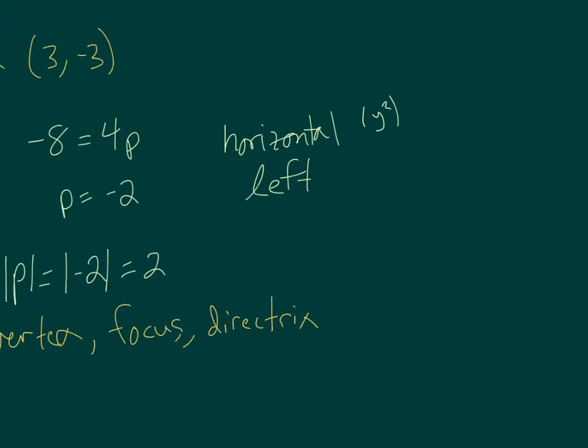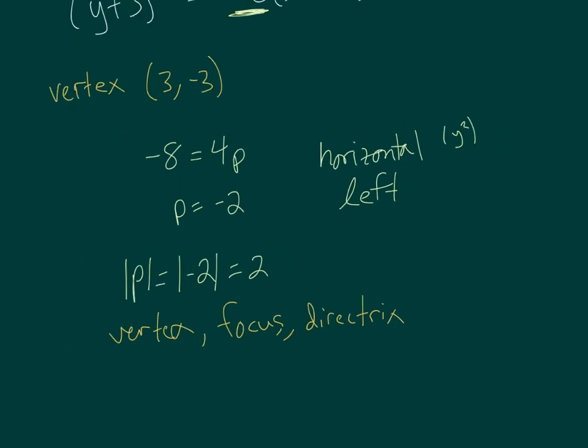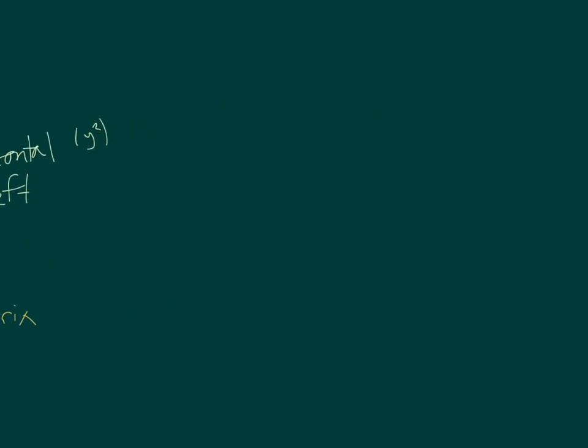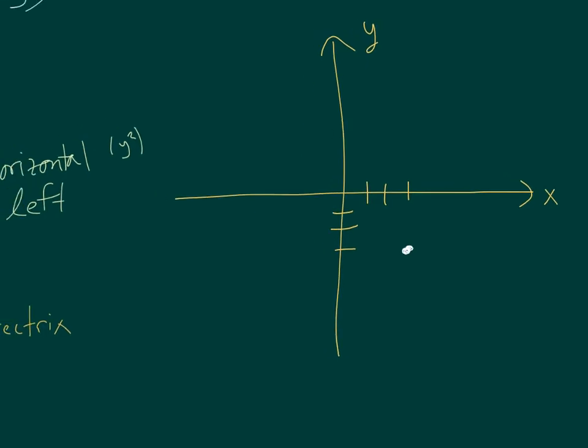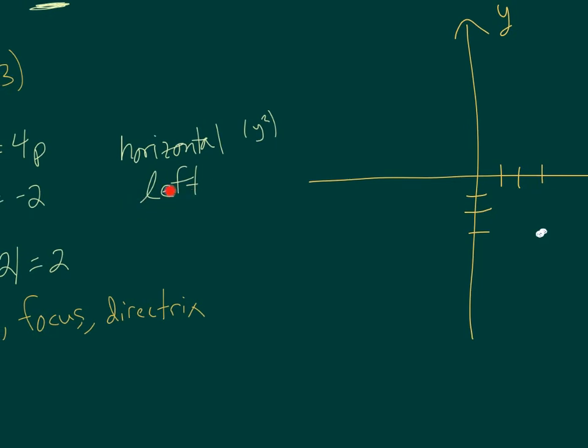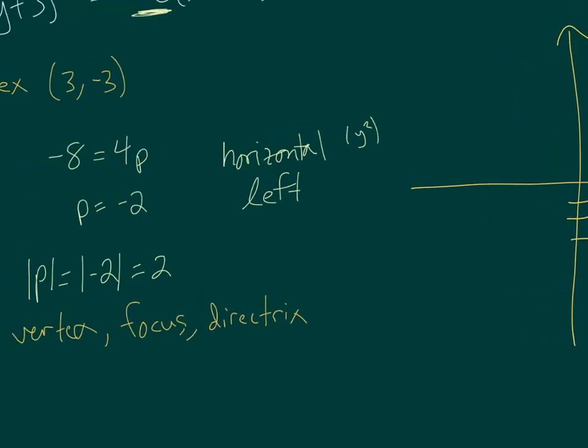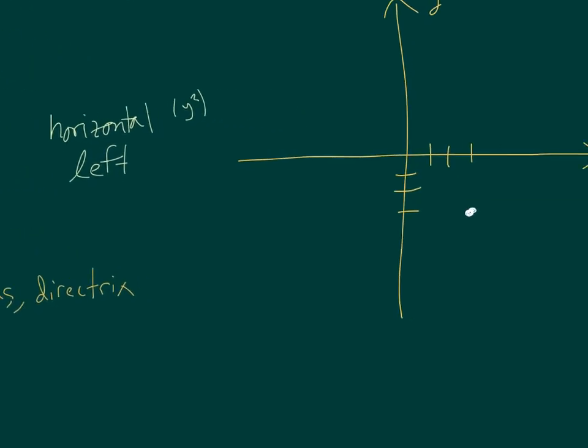Let's draw a quick graph and get started with the vertex 3, negative 3. Count 1, 2, 3, and 1, 2, 3. My vertex is right there at 3, negative 3. Now I know my shape goes to the left, so using my p-value I count to the left 2 spaces, and this point is going to be your focus.